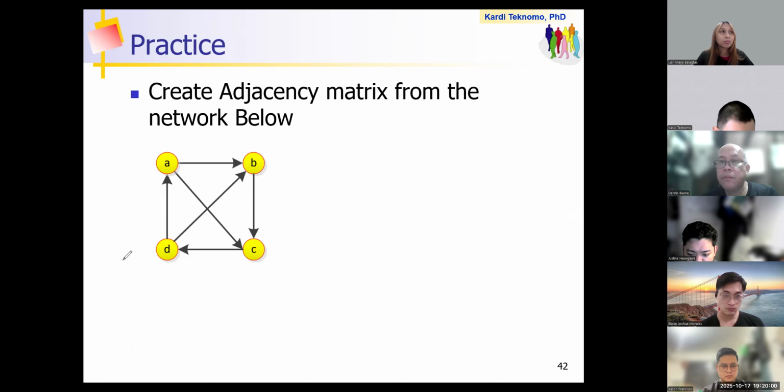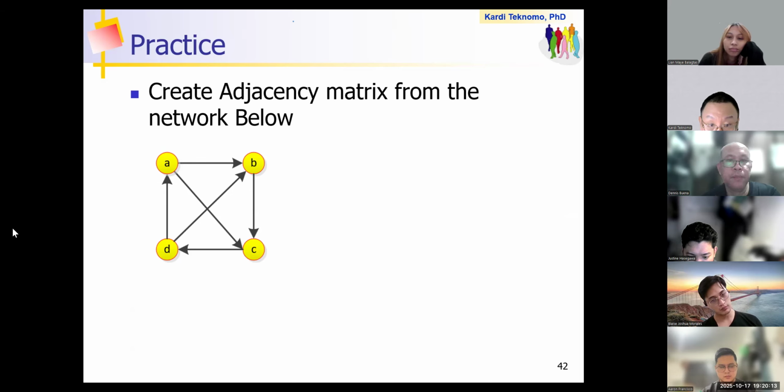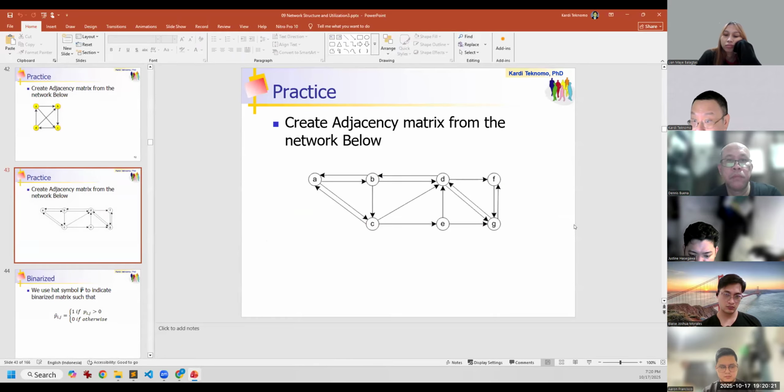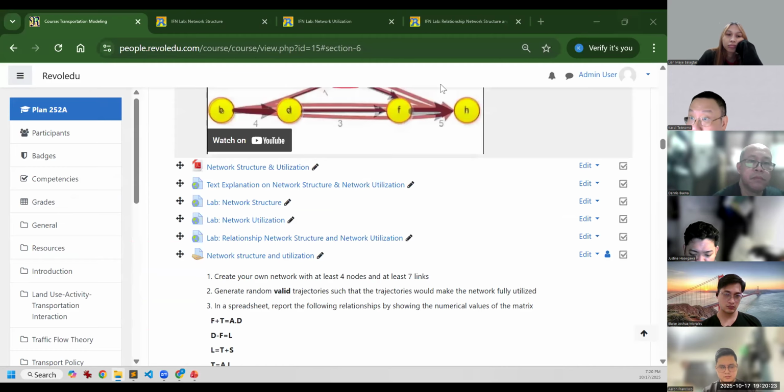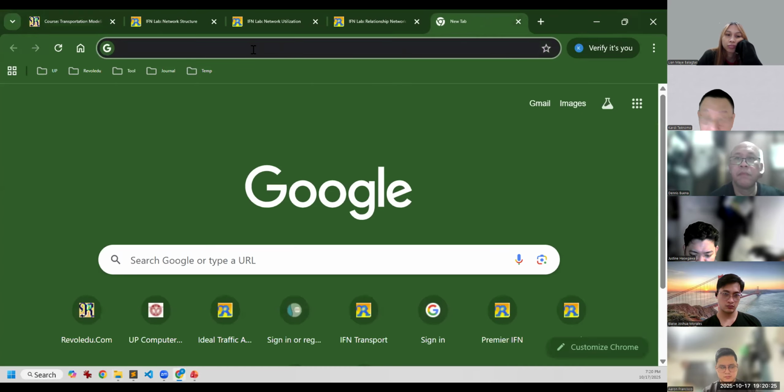Last time I showed you the tool that I developed. Let me find that. Let me find the tool that we made last time.